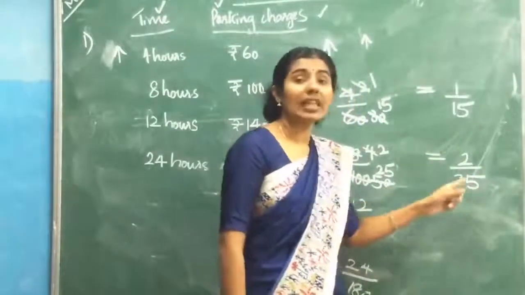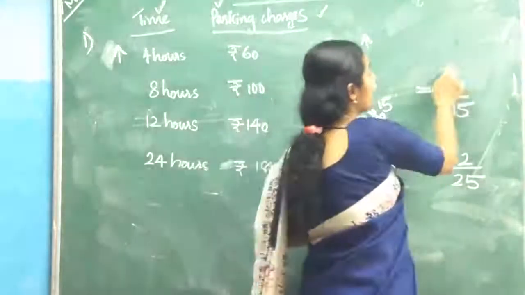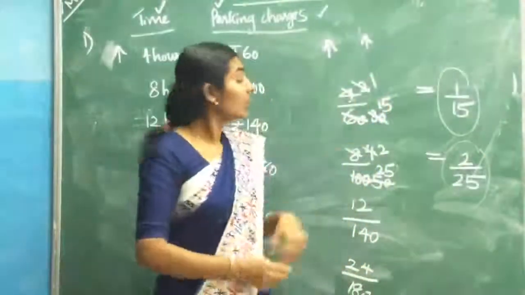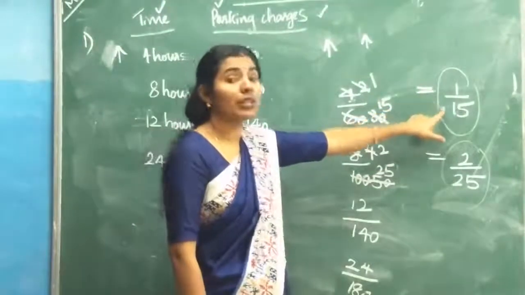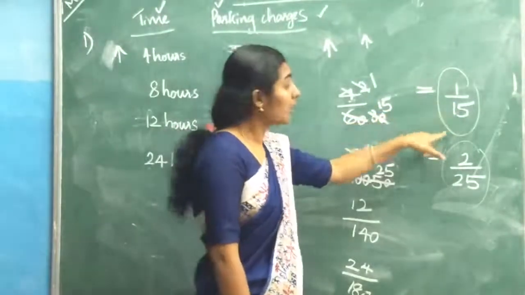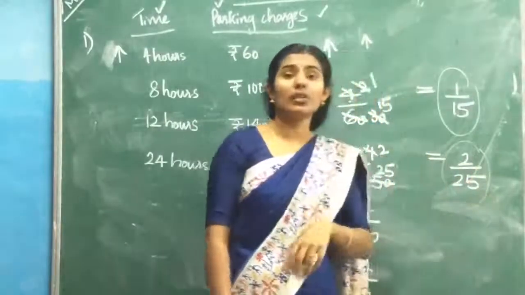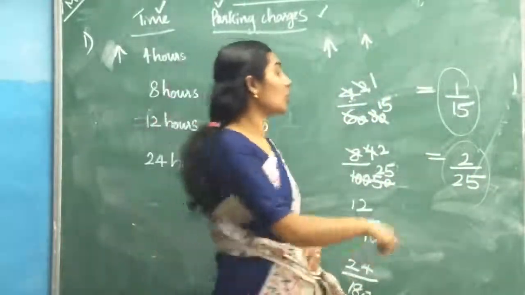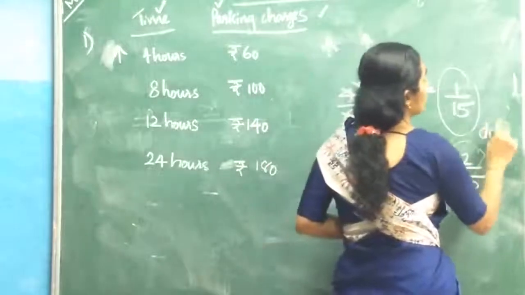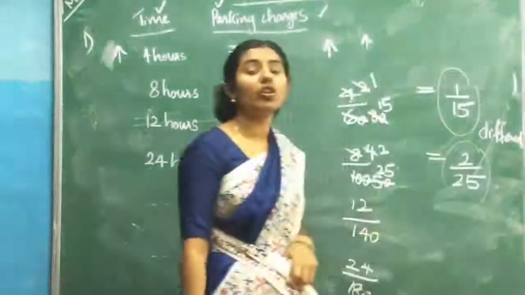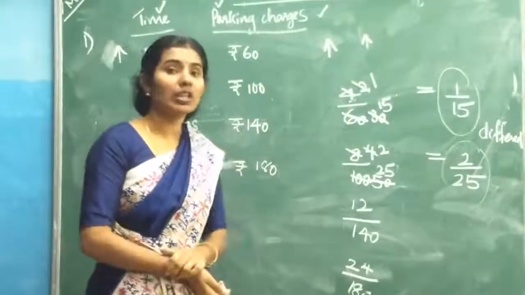So you can't cancel it. So from here you can see both are different. The first one we are getting is 1 by 15, the second ratio we are getting is 2 by 25. That means both ratios are different. Both ratios being different means they are not in direct proportion.